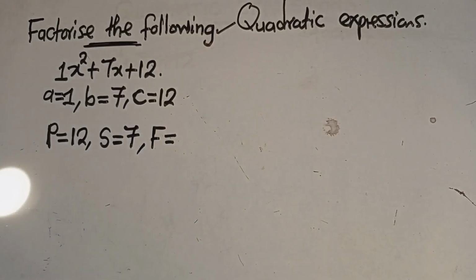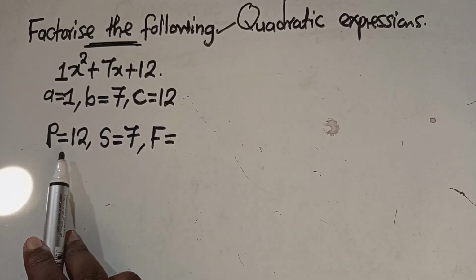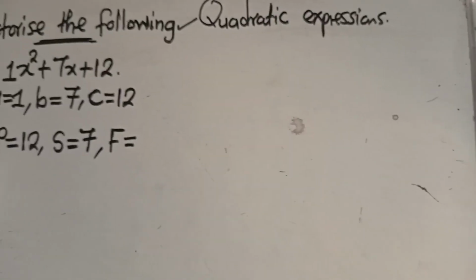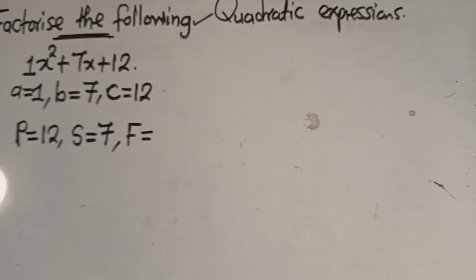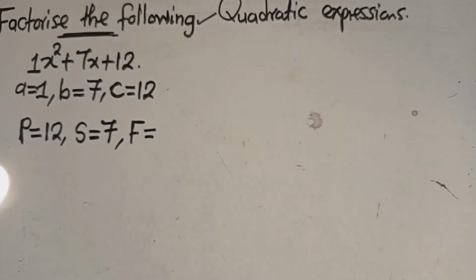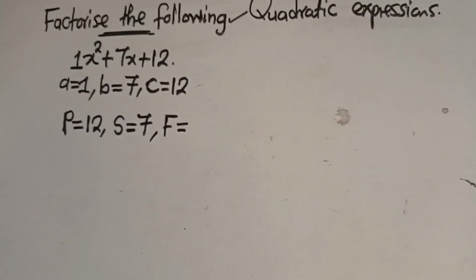The factors are the two numbers that you can multiply to get 12, and if you add those same numbers, you get 7. This is something you are supposed to understand.